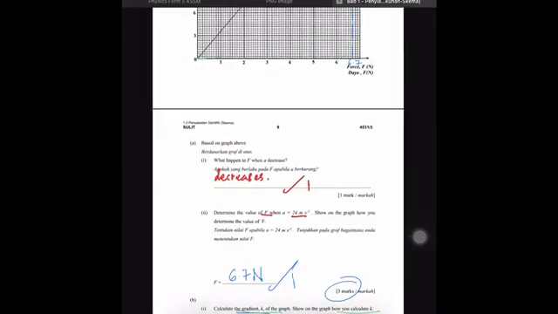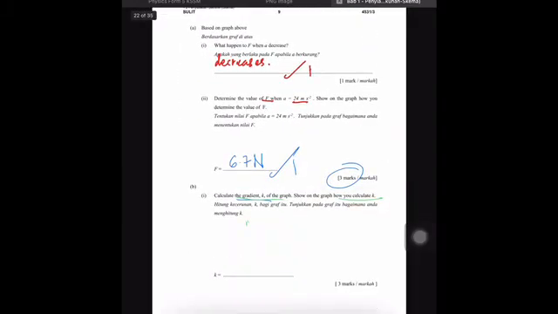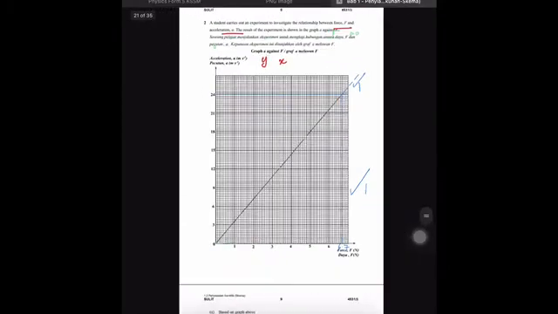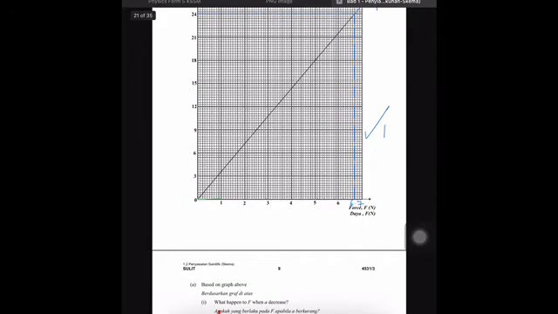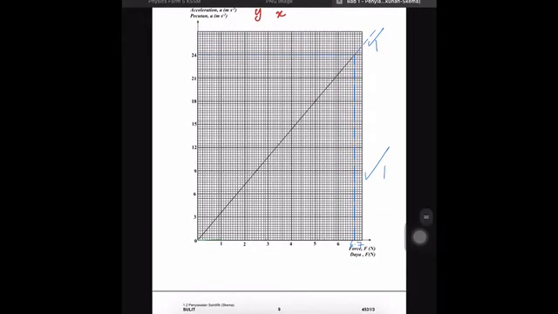You can straight away bring this over here, because your gradient K is your delta y over your delta x.